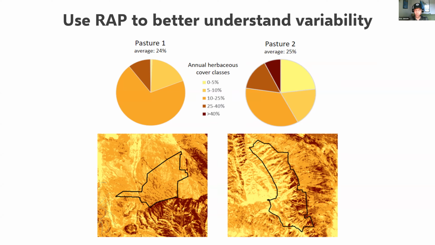Whereas in pasture 2, there are areas within that pasture that have almost no annual herbaceous cover, and other areas that have upwards of 40% or more. And so this is going to have significant implications for how you might manage this landscape. And so having this perspective of landscape variability is really valuable.